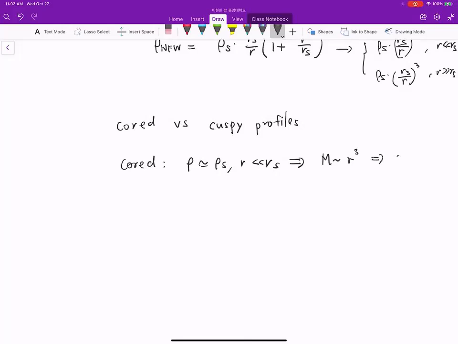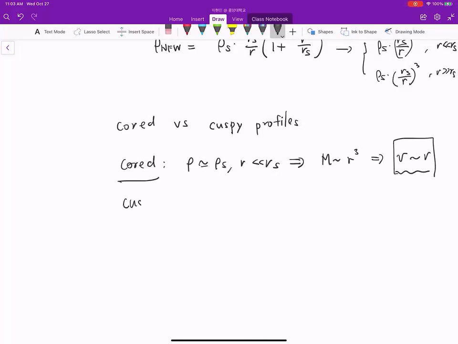Therefore, the rotational velocity is linearly increasing. This is how you can measure the tendency of the rotational velocity in the inner region and fit your model to the data in the core case.